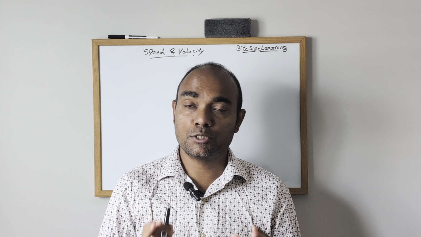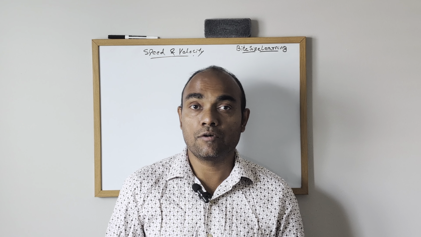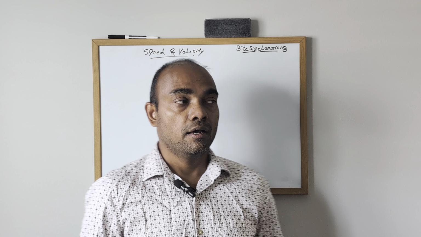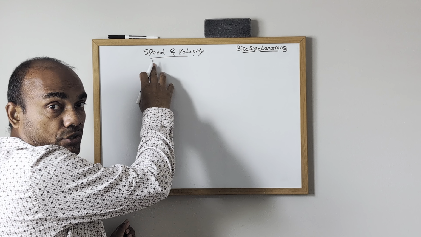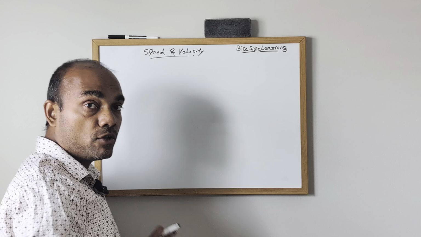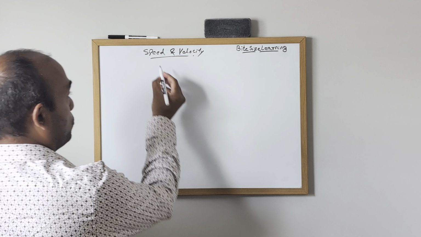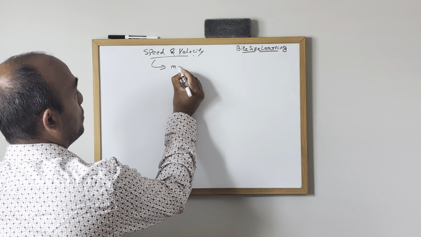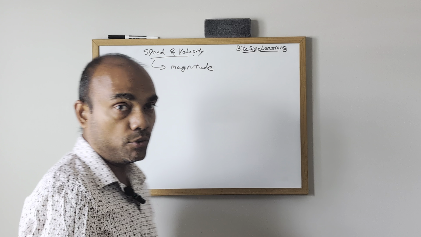So speed is a magnitude of something moving, right? So when you talk about speed, you will not talk about the direction, right? But when you talk about the velocity, you will talk about the magnitude and direction. What is magnitude? So this leads to a new concept of magnitude.